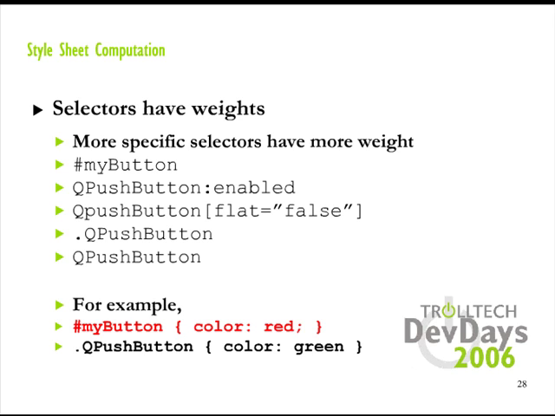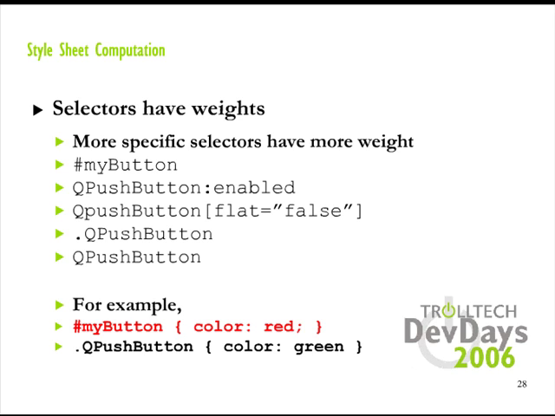First, let's not get into cascading first. Let's just take a simple style sheet. A style sheet, as we know, is a bunch of rules. How do we calculate the effective style rule? Selectors have more weights. If you look at #myButton, you're probably trying to refer to a very specific object.